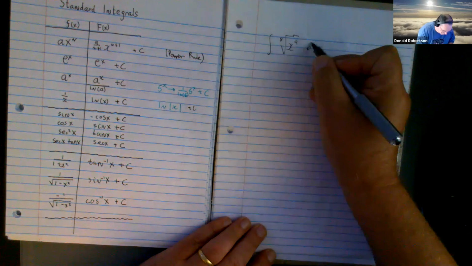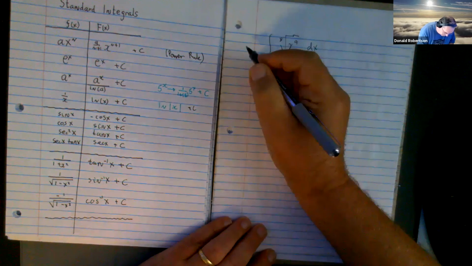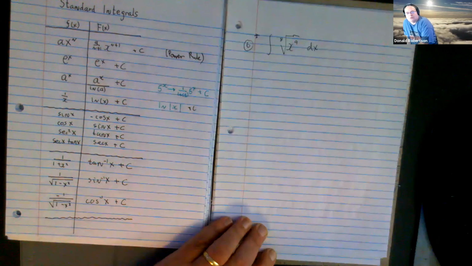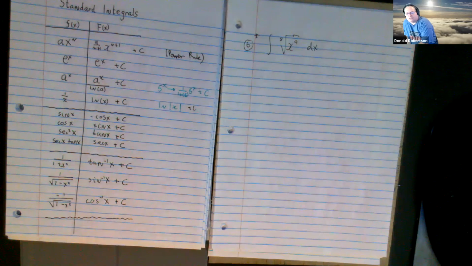This is the last question for today. And I choose it because it just looked too simple. Yet sometimes the simple things are the things that screw you up more than the hard things. What do I need to do to get that integral?